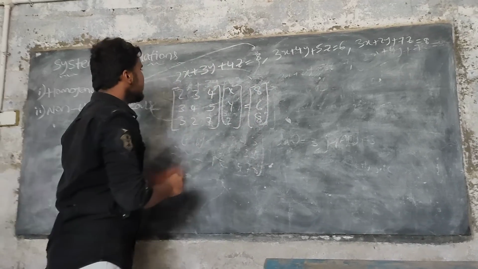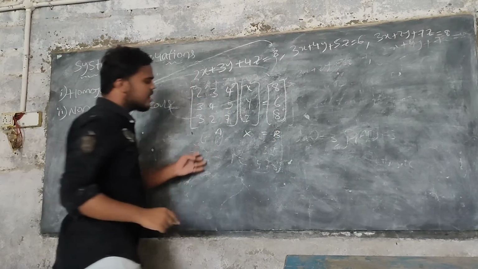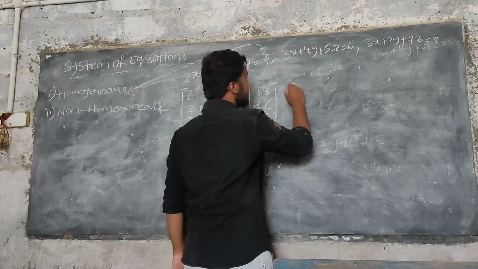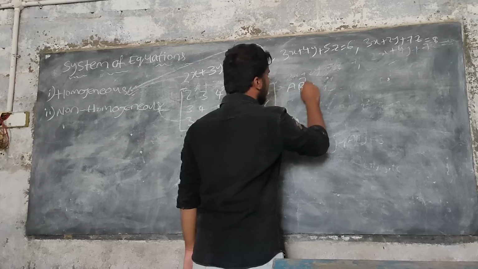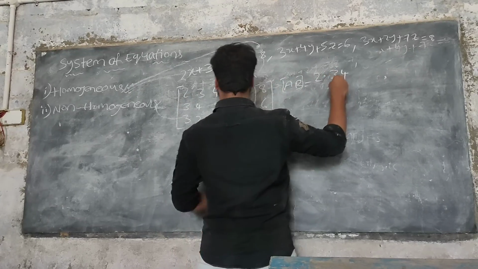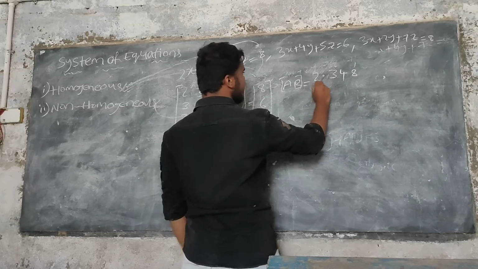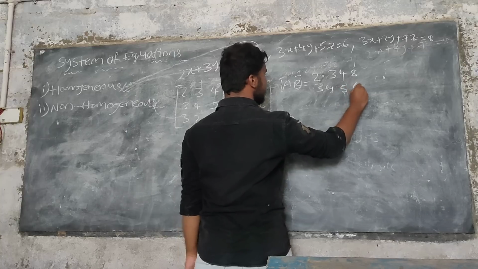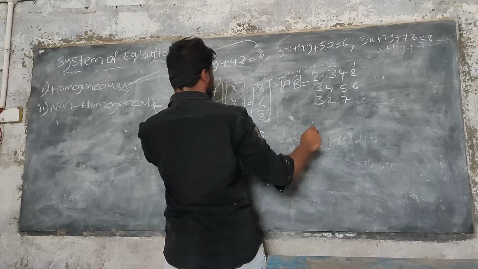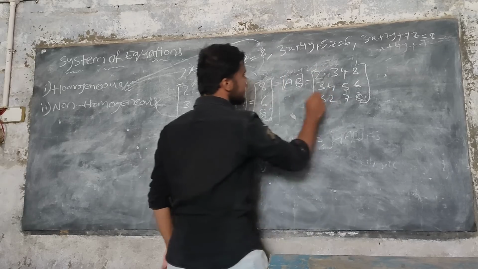Friends, it is in AX equals B form. After that, we can write it in augmented matrix form, that is, AB: 2, 3, 4 with constant 8; 3, 4, 5 with 6; 3, 2, 7 with 8. Now it is in AB form.